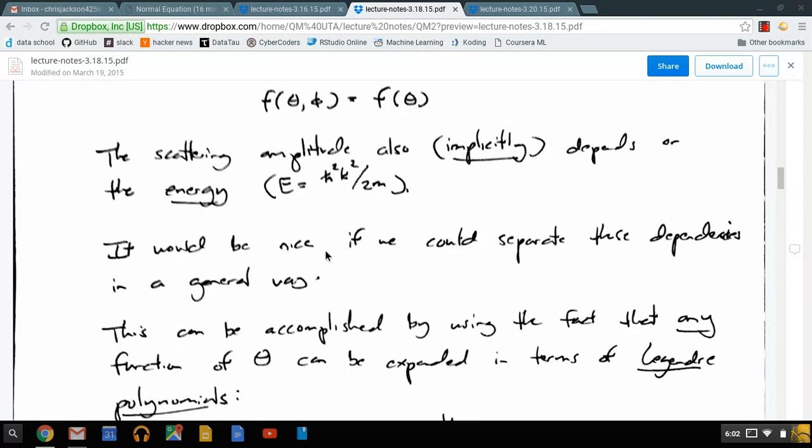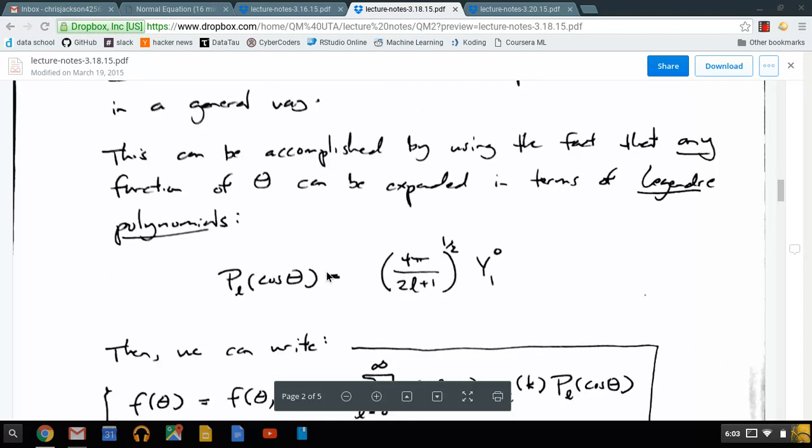The way you can accomplish this is by using the fact that any function of theta can be rewritten as an expansion in terms of Legendre polynomials. Just to remind you, a Legendre polynomial goes like the 1-0 spherical harmonic with some prefactor that depends on L.